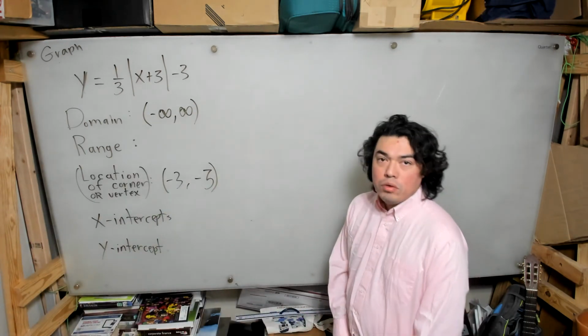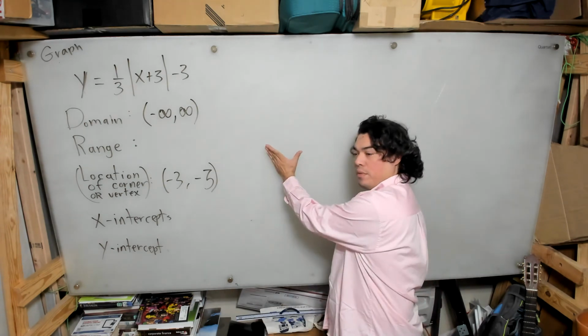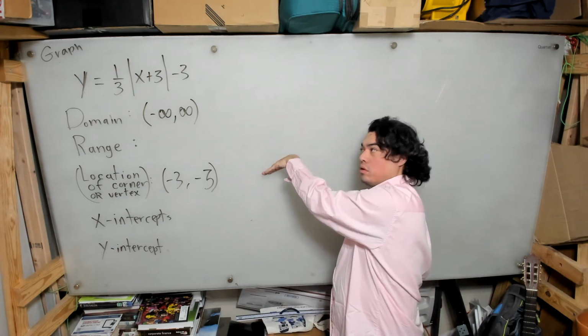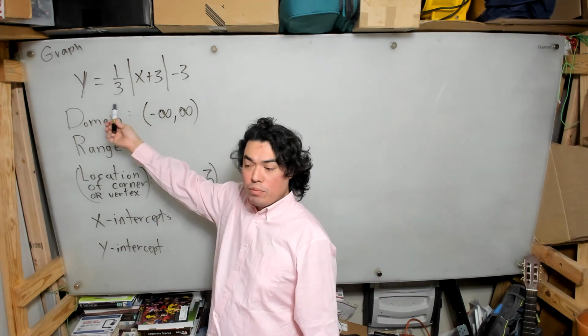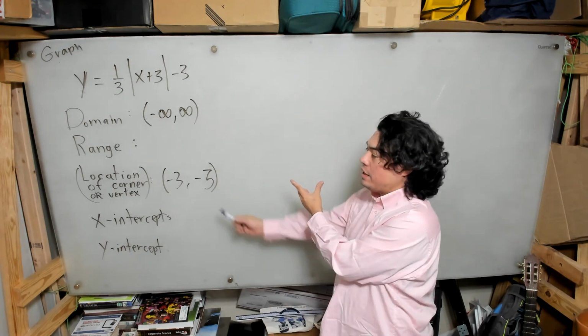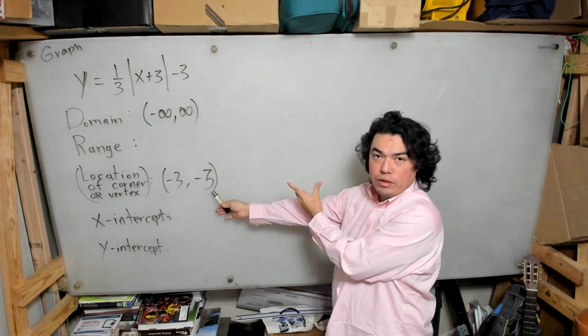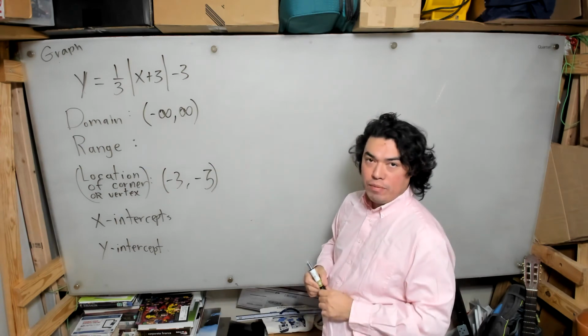Now we want to know, does the absolute value function in this case open up like this, or does it open down? We can see here that the coefficient of the absolute value term is actually positive 1/3. So it opens up. That means that this y value at the corner point will be the minimum. So the range can now be determined.